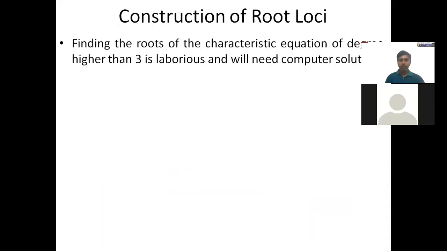Therefore, we construct the root locus to study the range of K, how the system is stable, and what the conditions are to make the system stable. So to analyze the stability of the closed loop control system, we have to plot the root locus.